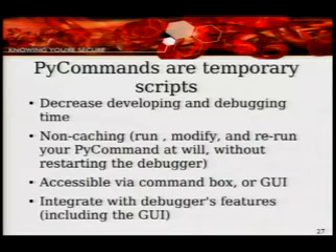These scripts are not cached, so that means you can modify a script and rerun it without the need to restart the debugger, which is pretty useful. The Python commands are accessible via a command box or from the GUI, and you can integrate the Python commands into the debugger features.